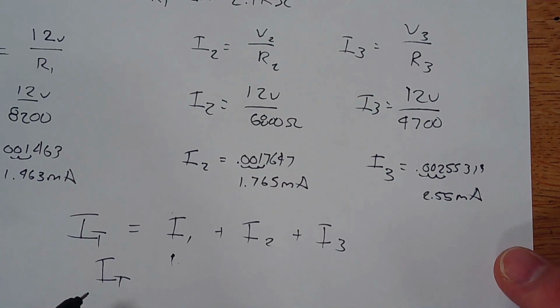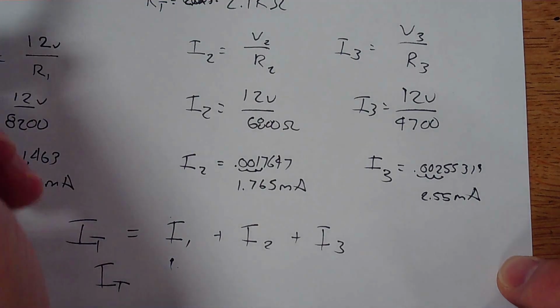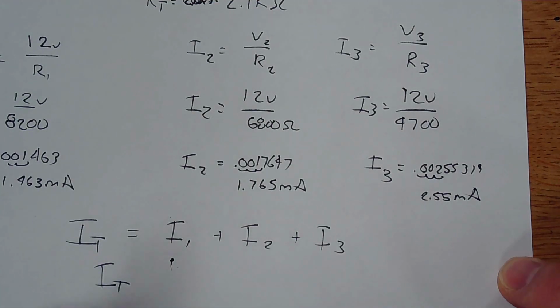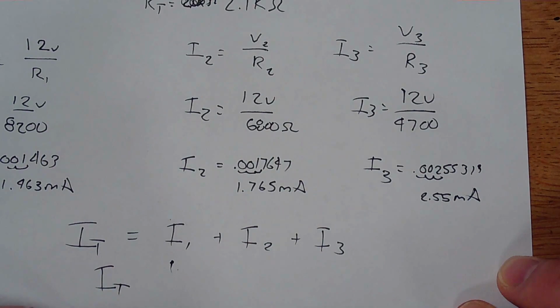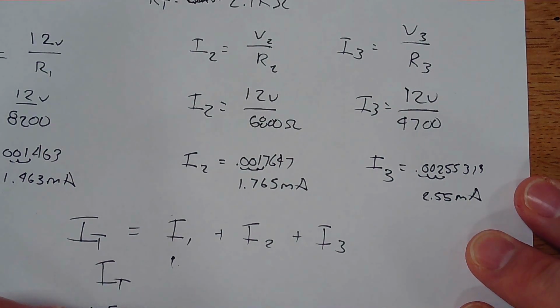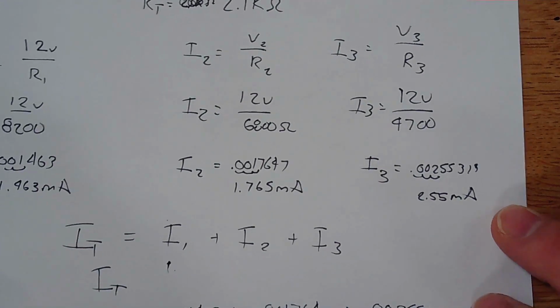So the current at total, you can pause the video and see that. We solved for that earlier, that is 0.00578, which must equal 0.001463 plus 0.001764 plus 0.00255. All right, and then let's add that up.